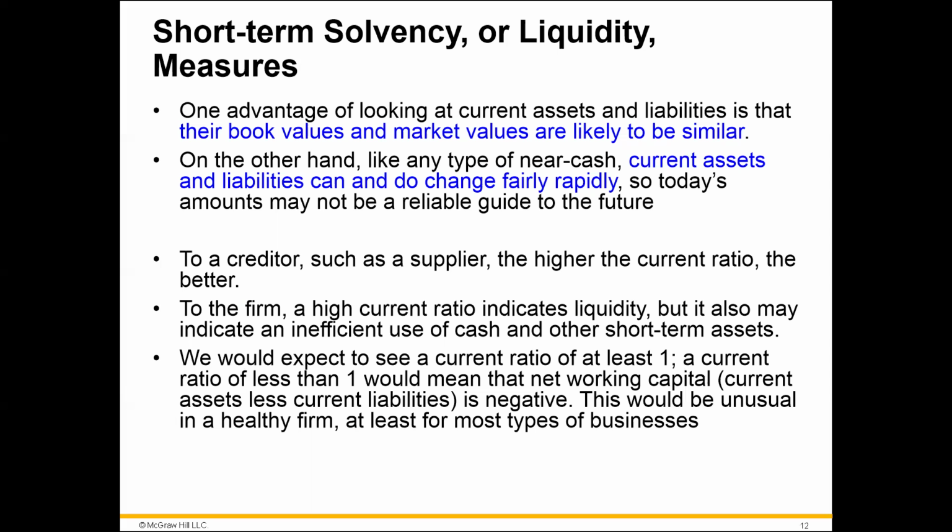But at the same time, a higher short-term solvency ratio indicates an inefficient use of cash. Most of the time, as the liquidity of an asset is higher, the return on that asset is lower. The relationship between liquidity and return is a trade-off. That's why a higher current ratio indicates an inefficient use of the company's cash. That is one disadvantage of this ratio.